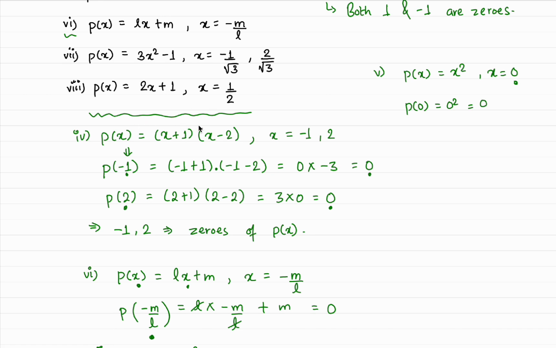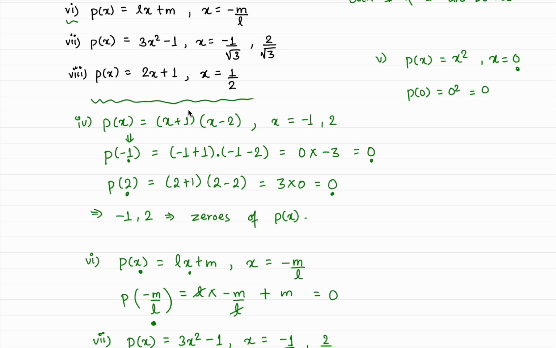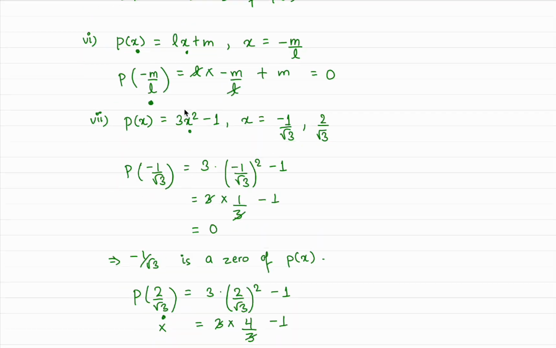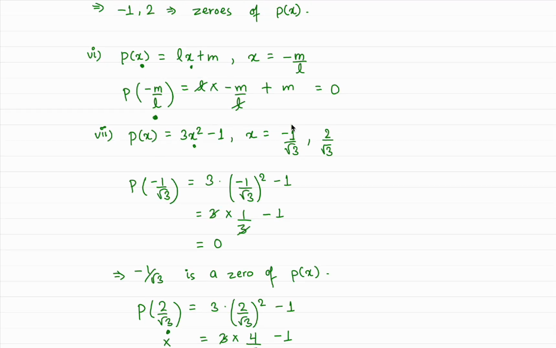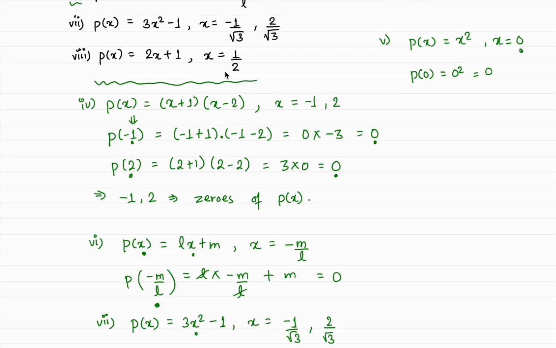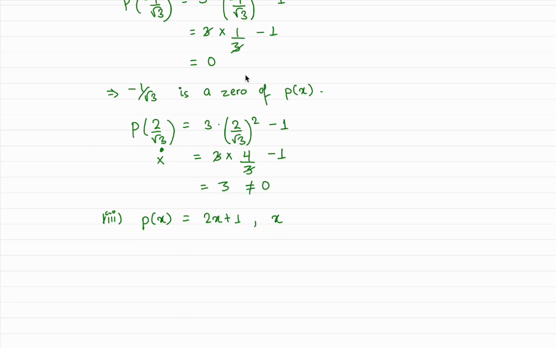So if you have tried by now, let's check whether your answer is correct or not. So we have p(x), this is the 8th question, I think. p(x) is 2x plus 1, and what was the value again? I think it was 1 over 2. Yes, it's 1 by 2.